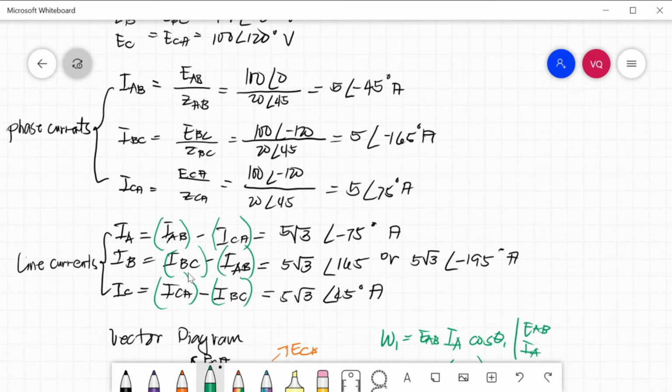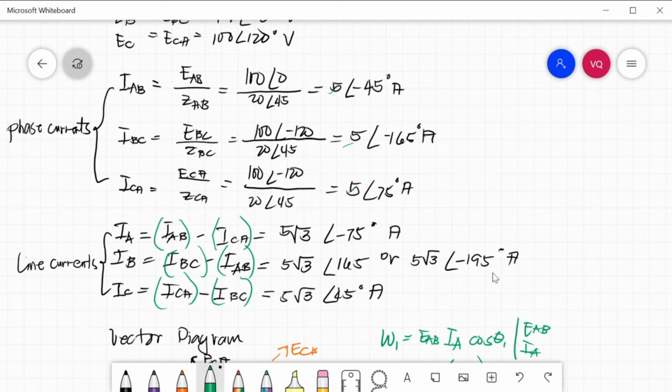IB naman is 5. Of course, this is balanced, so the magnitudes are the same, and also in the voltage. So IB is 5 square root of 3 angle positive 165 in anti-clockwise direction, or 5 square root of 3 angle negative 195 degrees in clockwise direction. So IC is equal to 5 square root of 3 angle 45 degrees.